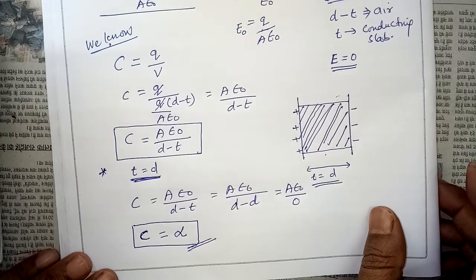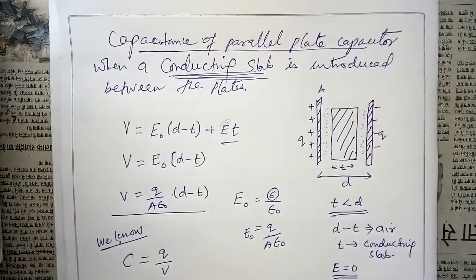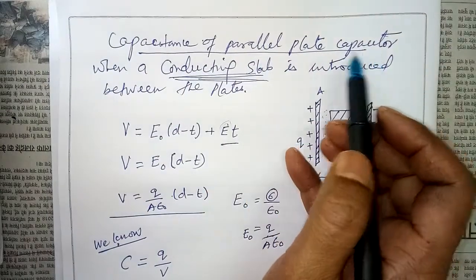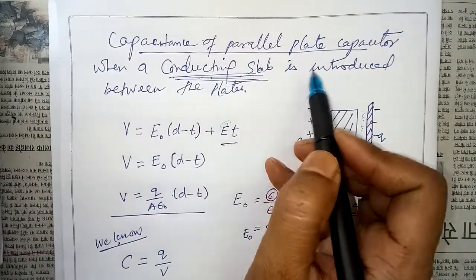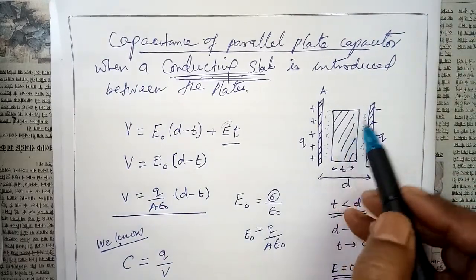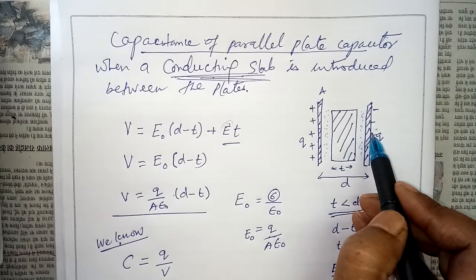So let's take a quick review of what we have learned. Today we started with the heading capacitance of a parallel plate capacitor when a conducting slab is introduced between the plates. For that we draw a simple diagram, two plates, one with positive charge and another with negative charge.